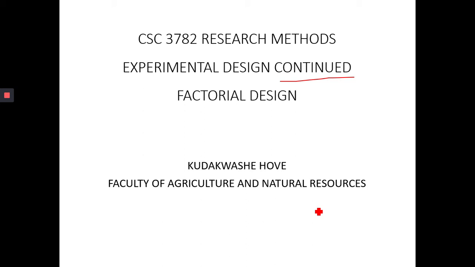What I want you to appreciate from the onset is the fact that each design is suitable for a particular circumstance. You don't just choose a design for the sake of it, but you choose a design to use in a particular experiment, being guided by the nature of the experiment vis-a-vis what the design is able to capture.